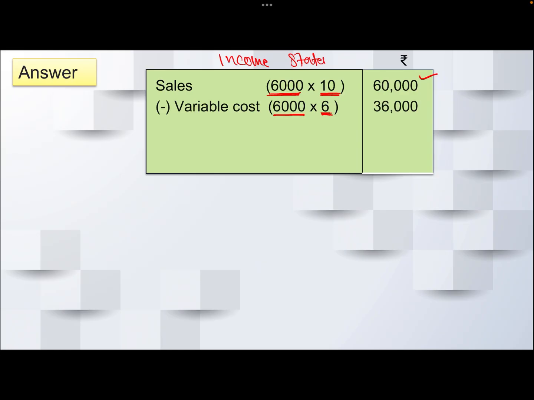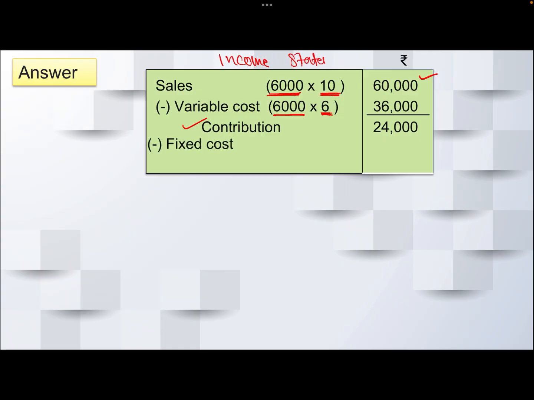When sales minus variable cost, the result will be contribution. What is contribution? You may think, why, sir, do we represent it like this? We will get the understanding when we do problems one by one. Till then there is a suspense.